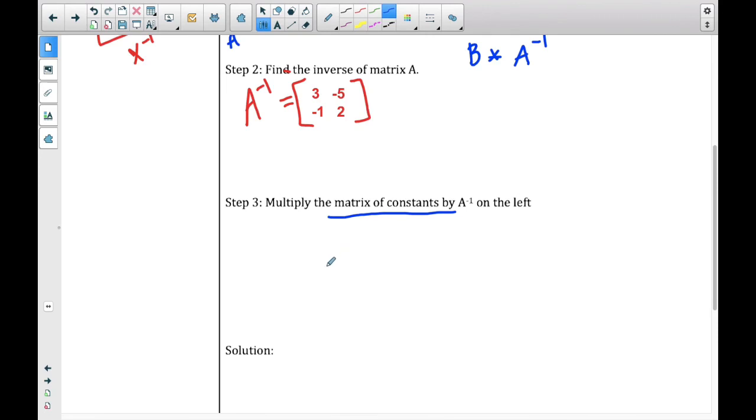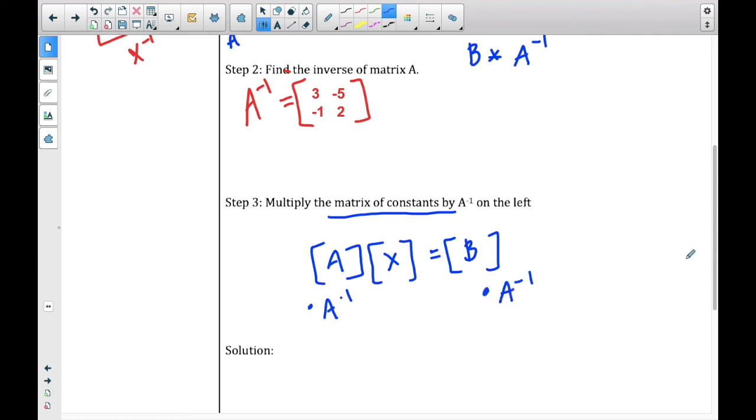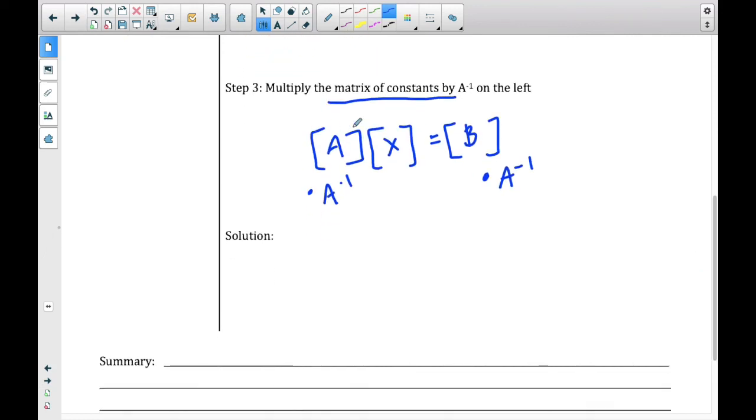Well, basically what we originally had was our matrix A and our matrix X, and we set that equal to matrix B, and we are solving for X. So if we multiply this side times A to the negative 1 power, and we multiply this side times A to the negative 1 power, what that's going to do is cancel out the A matrix and leave us with the X matrix.